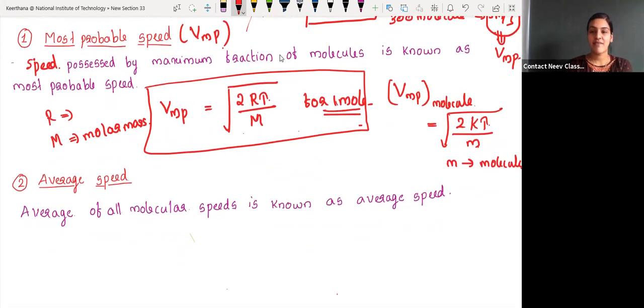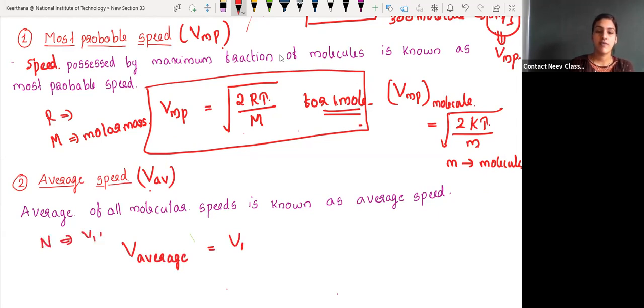And the next one is average speed. As the name indicates, it is average. Average of all molecular speeds is known as average speed, V average. If n molecules having speeds v1, v2, etc., vn respectively, what is V average then?